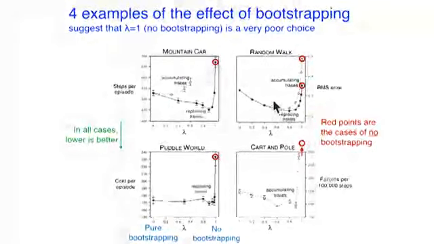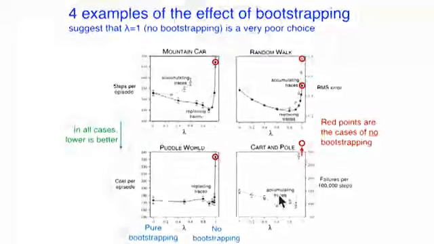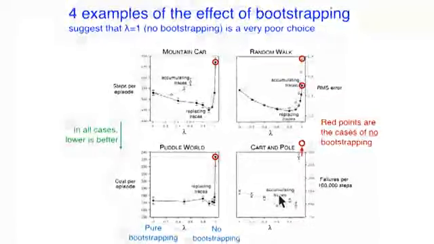We want to be somewhere in the middle, and that would be problem dependent. So I think I'm done with my analysis of bootstrapping. I want to conclude that we don't really want to give up the bootstrapping. It's important not just computationally, but for getting good behavior in a reasonable amount of time.